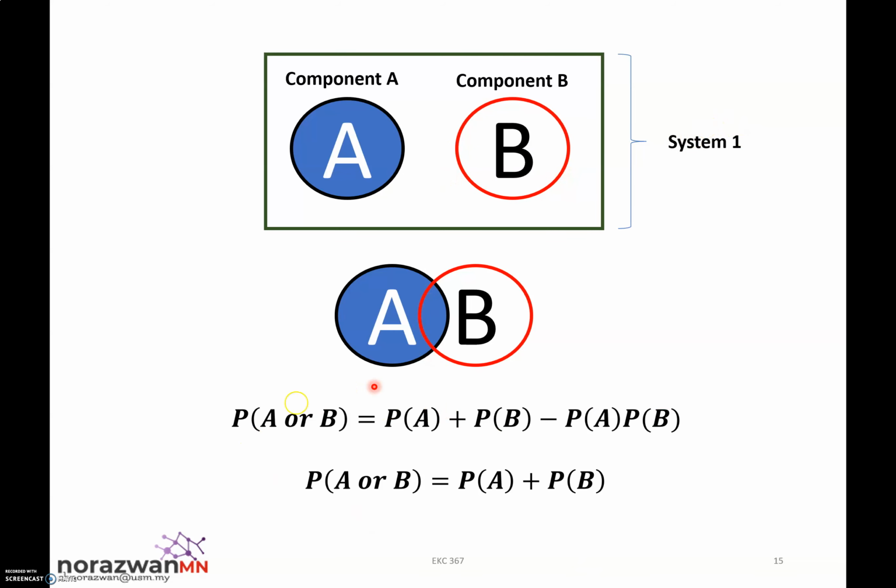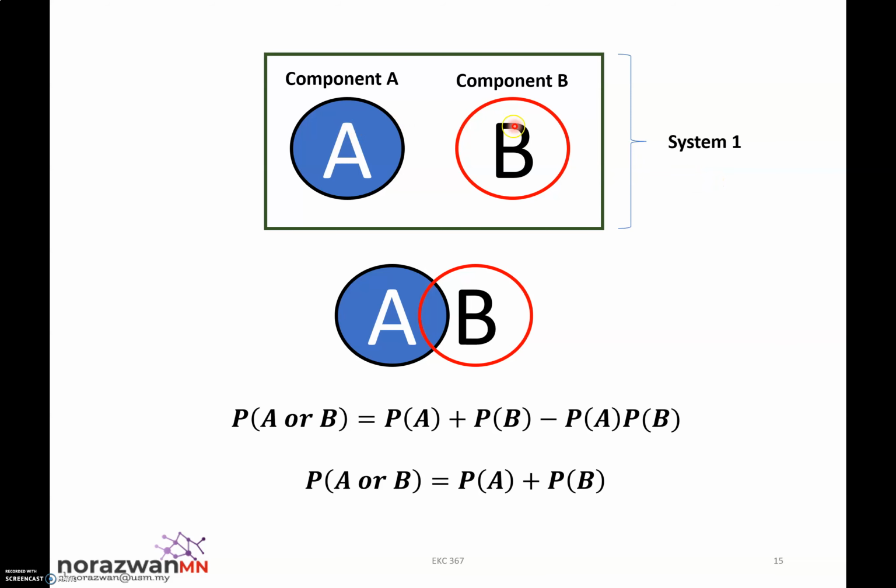The first one that we discussed earlier is the series. If component A and component B in system 1 are connected in series, only a failure of A or B can result in system 1 failure.